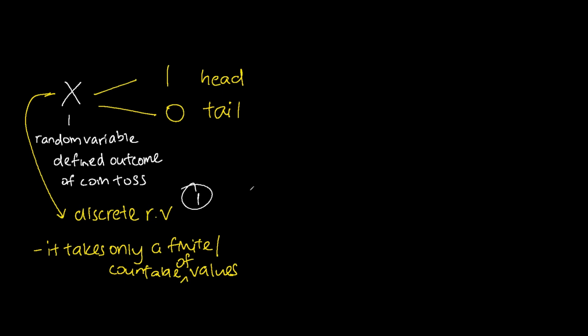In the case of x, the probability of a coin toss outcome being a head is 0.5, and the probability of a tail is also 0.5, and the sum equals 1.